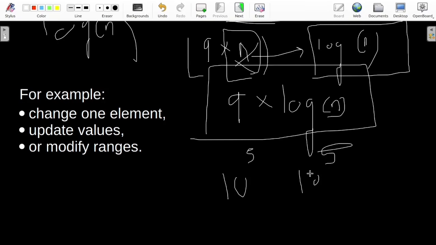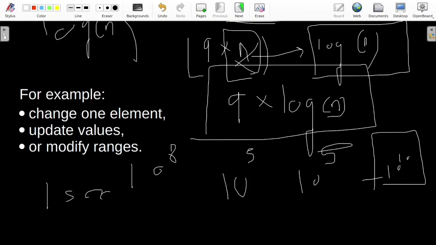I'm not saying always, but in most of the cases. And this will result into 10 to the power 10, which we all know will not pass. We need something which is still 10 to the power 8 for 1 second time limit, which is standard in competitive programming or DSA.